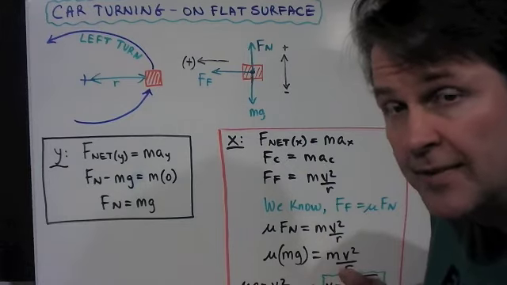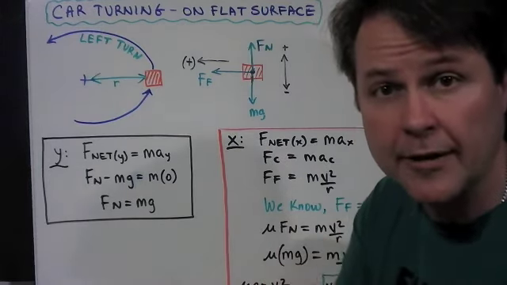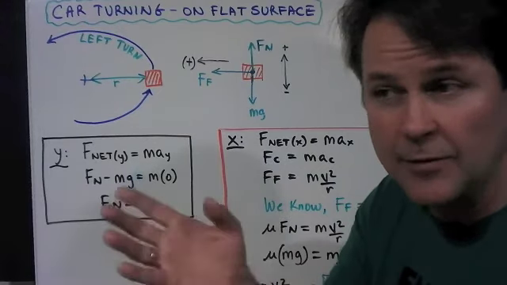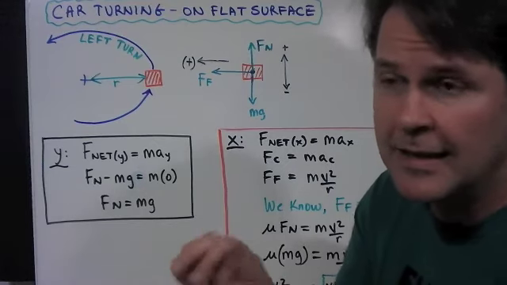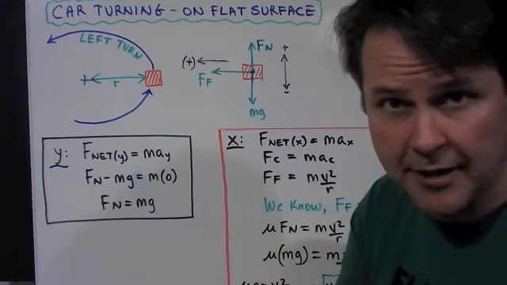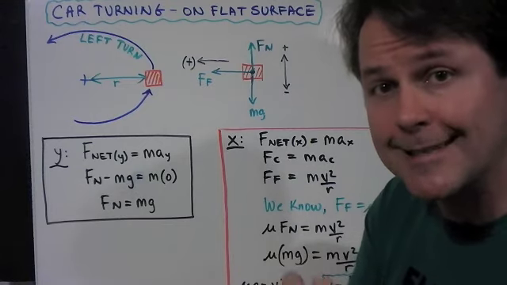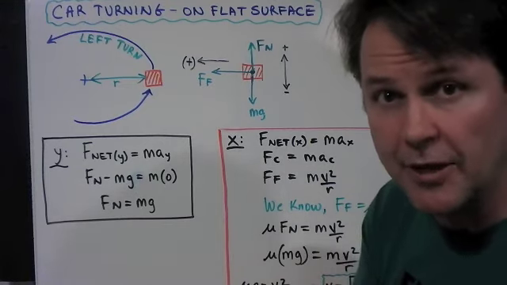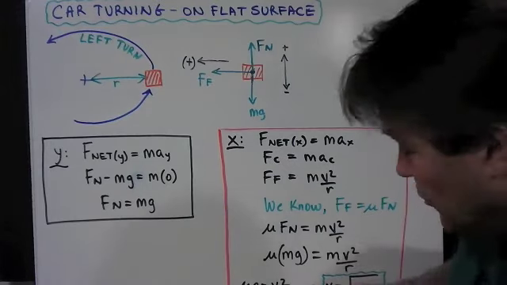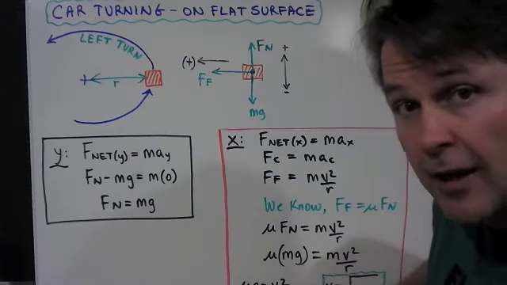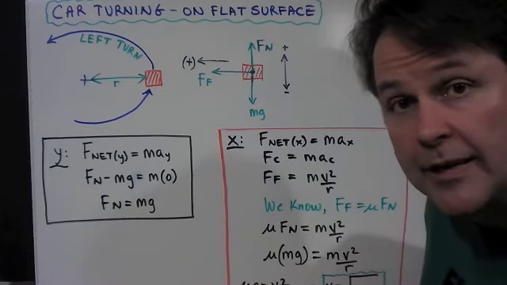All cars will behave the same as long as the coefficient of friction between the car tires and the road is the same. If you have two different cars with two different types of tires, then that changes the entire scenario. But if everything's equal, the coefficient of friction is the same, the mass of the vehicle does not matter. What does matter is how big the turn is. So the allowed velocity is going to be dependent upon the coefficient of friction and the radius of the turn.